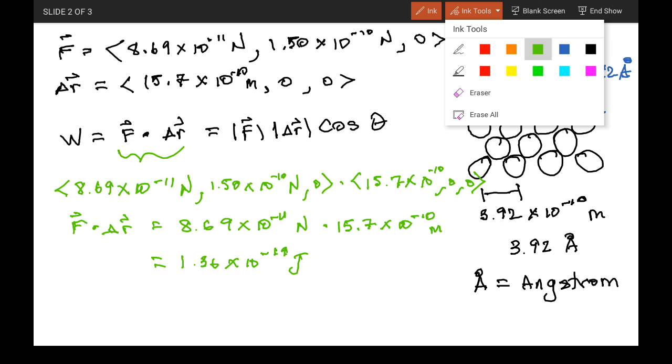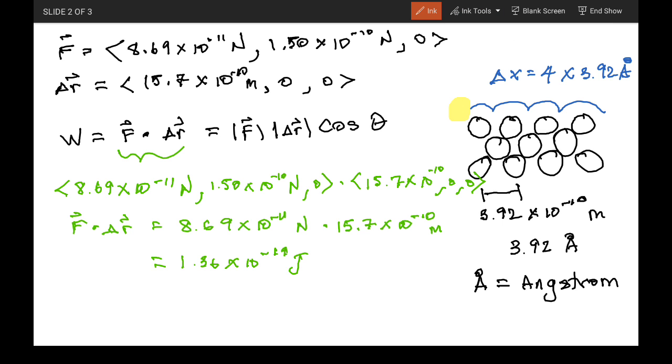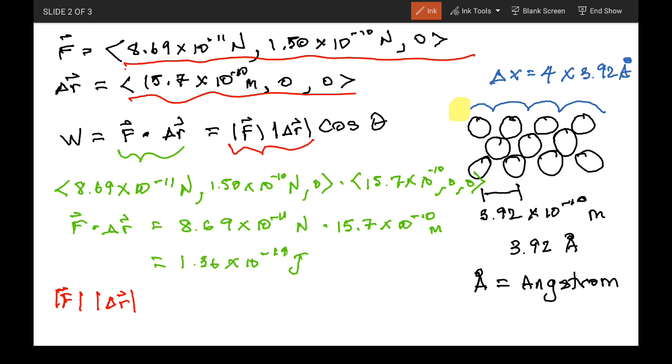Next, I know the magnitudes of these two vectors, and so I can calculate this. If I didn't already know these magnitudes, I know from up here, since I know what the vectors look like, I could calculate the magnitudes of those vectors, because I could just use the Pythagorean theorem to calculate those.